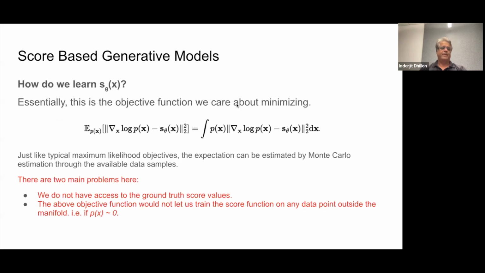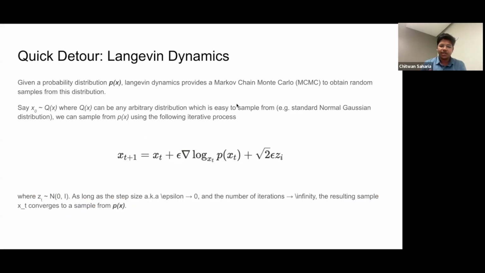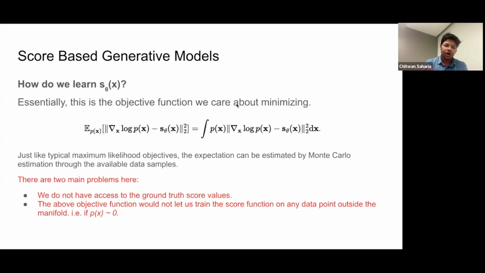Go ahead. Yeah, so now that we know that if we have access to the score function, how could we obtain samples from it? The main question is: how do we learn this score function in the first place?